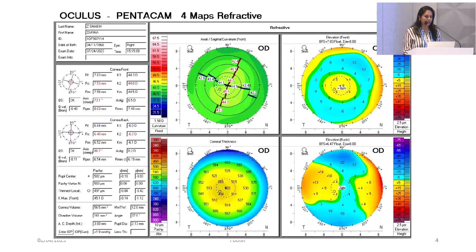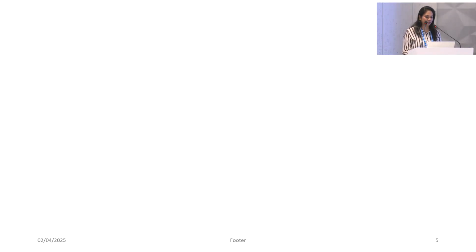Coming to the Pentacam, the K1 of the right eye was 44.3 and the K2 was 44.8, and the Q value is minus 0.48. If you can see the quad map, especially the pachymetry map, the center part of the cornea is slightly steeper compared to the paracentral area. So this indicates that she might have undergone some hyperopic laser vision correction previously.